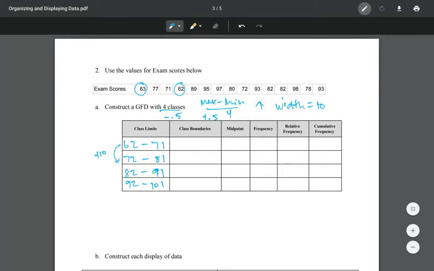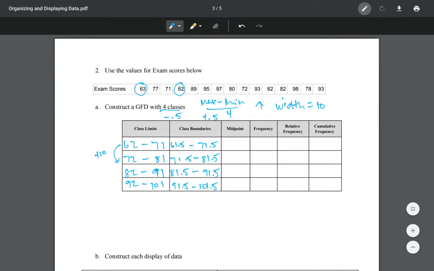So adjusting these out by 0.5, I get 61.5 to 71.5. I start at the same spot, 71.5 to 81.5. 81.5 to 91.5, and then finally 91.5 to 101.5.